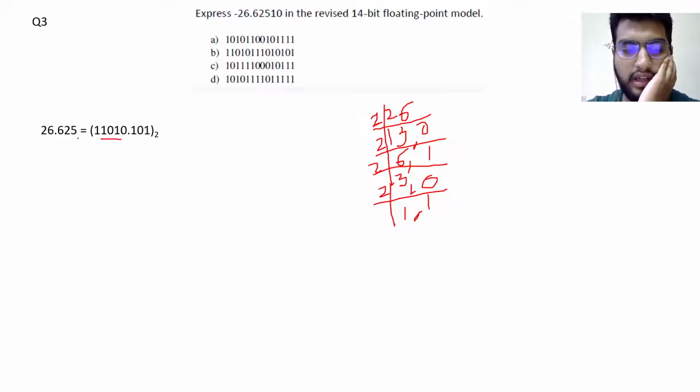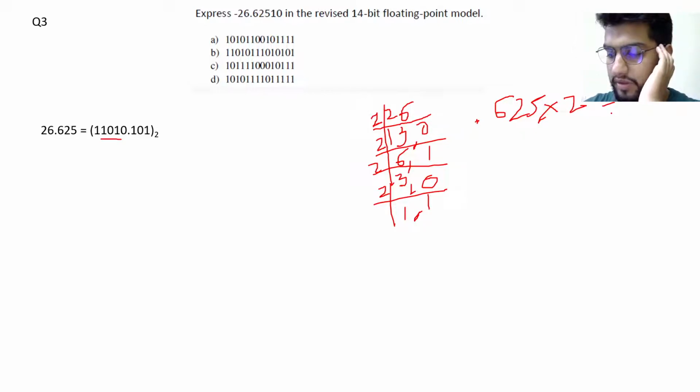For the right hand side of the decimal, we have to multiply it by 2 continuously. So 0.625 multiplied by 2, let me take the help of a calculator, will be 1.25. So the integer part is 1.